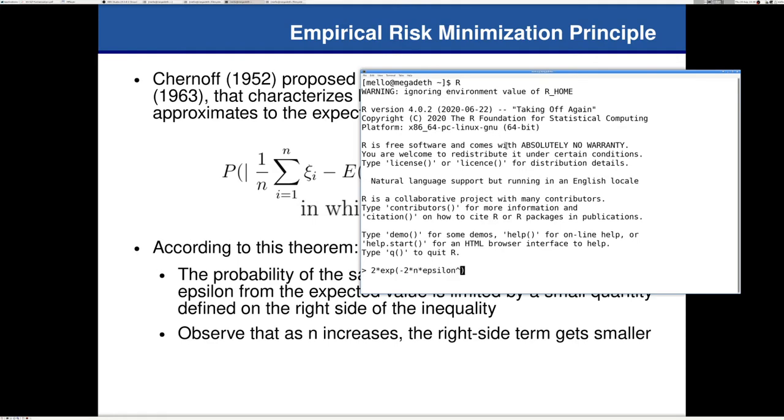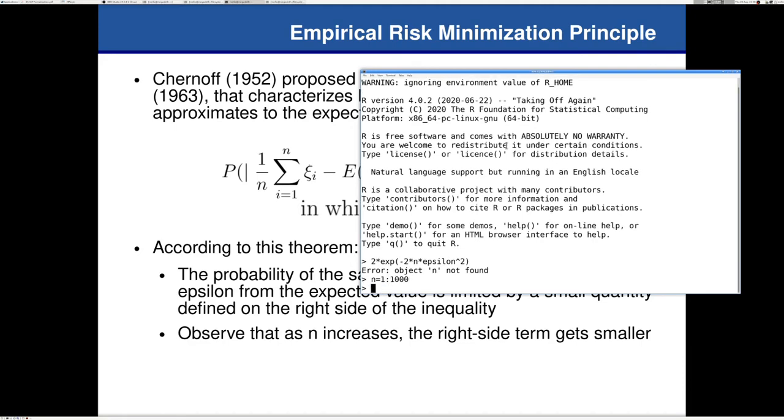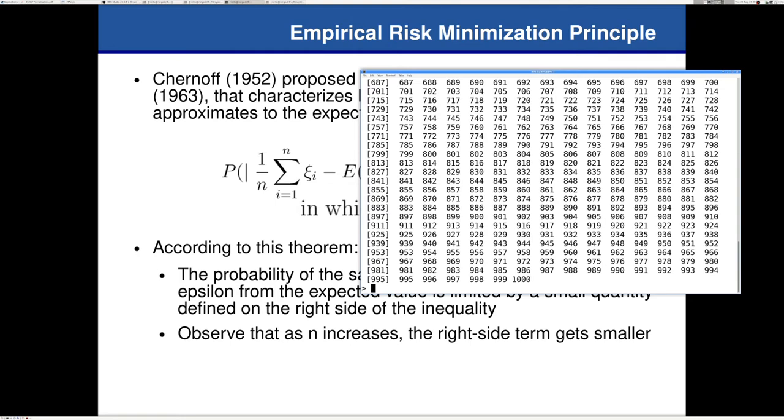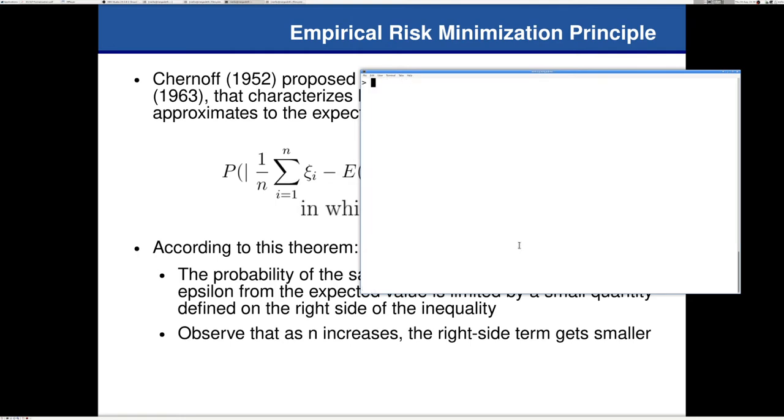But of course, it's not going to work because I have to define my sample size. Let's say my sample size grows from 1 to 1000. This is simply a sequence, a vector from 1 to 1000. I also need to define some epsilon. Let's say I accept an epsilon equal to 0.01.